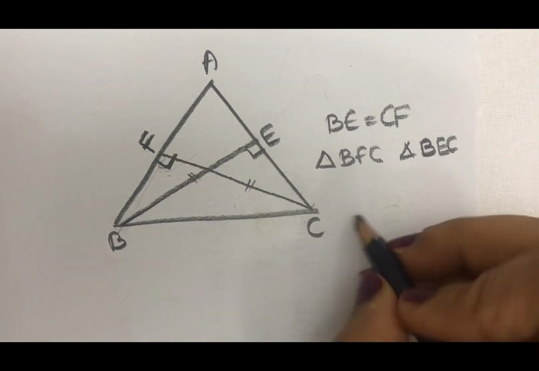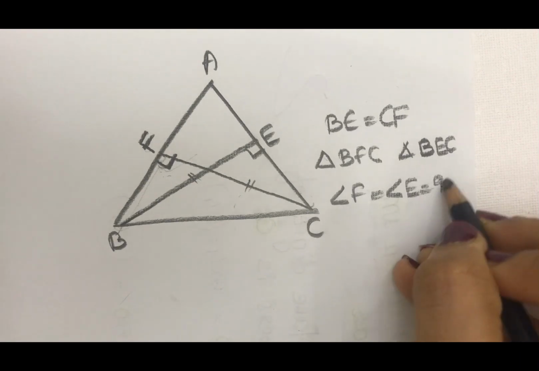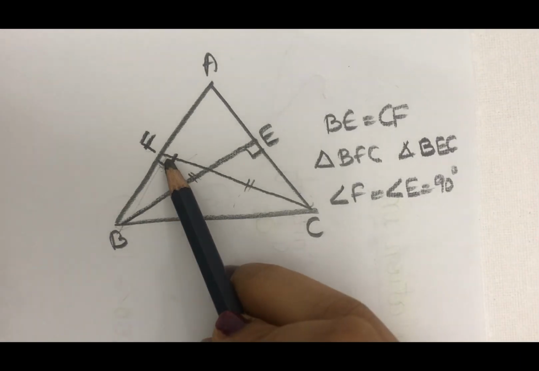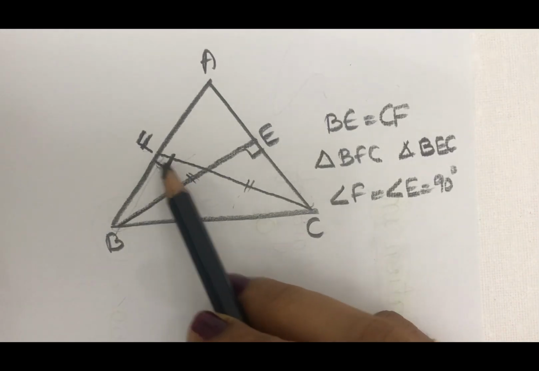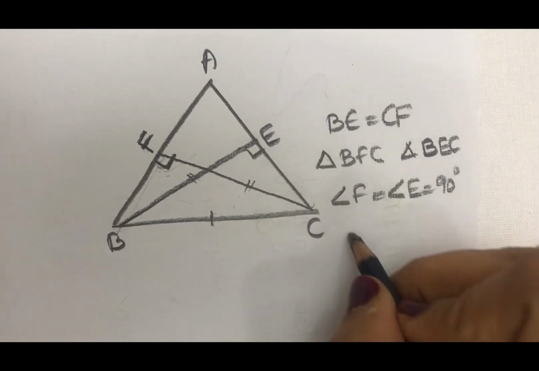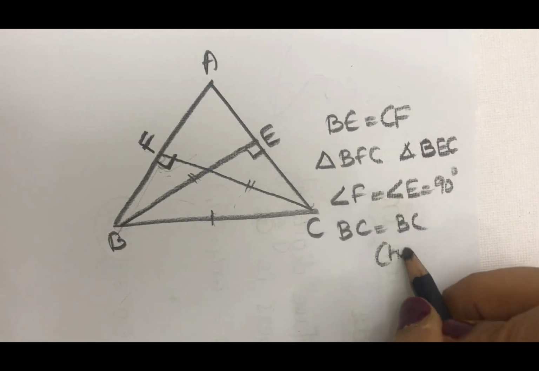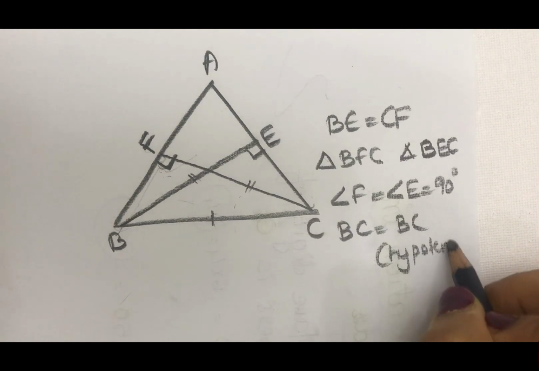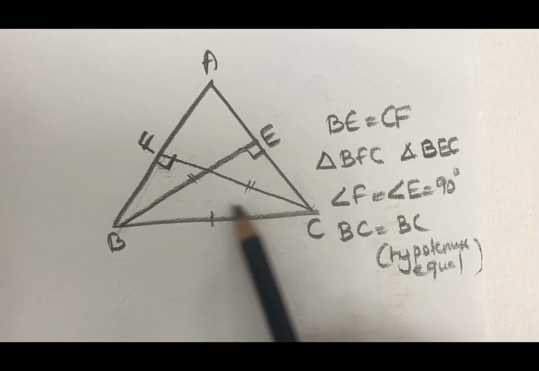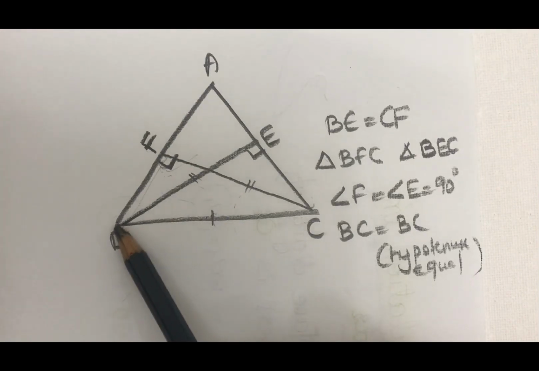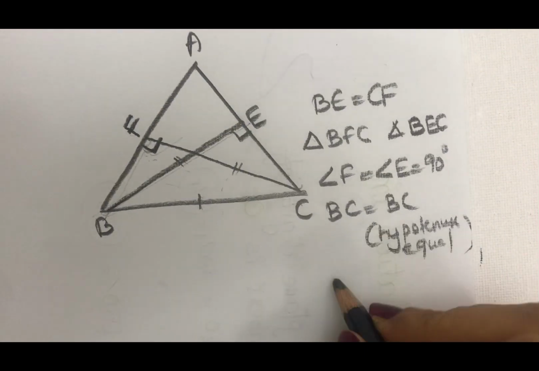Here, in the right triangles, angle F is equal to angle E, which is 90 degrees. The side opposite to the 90 degrees is the hypotenuse, so BC is equal to BC, hypotenuses equal. Also it's given BE is equal to CF.